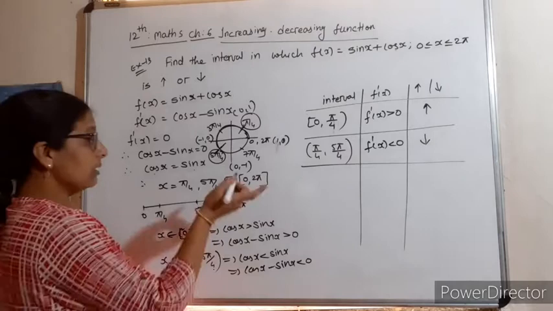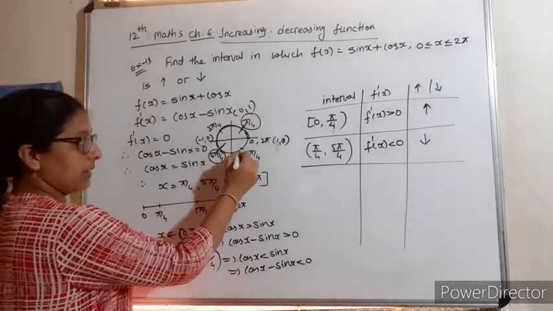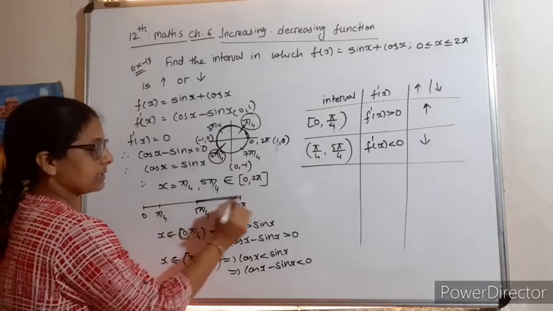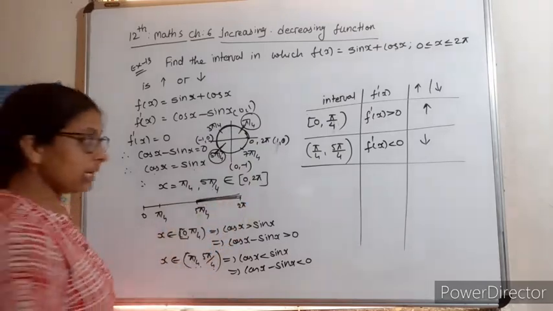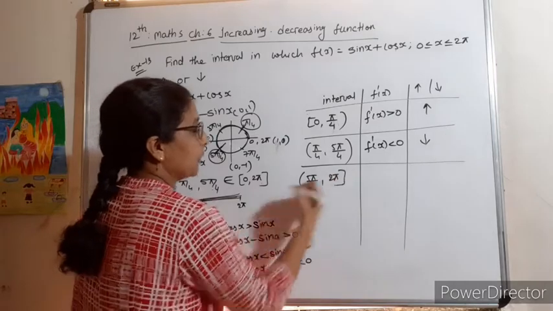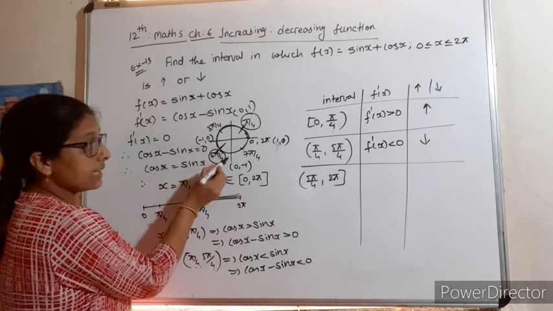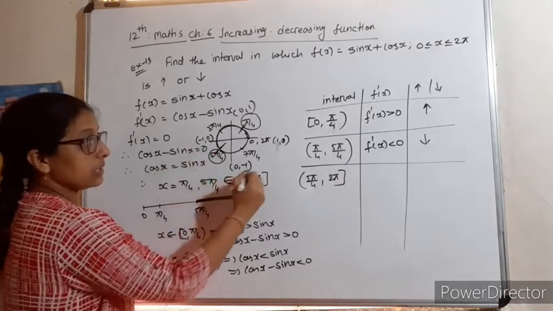Okay, then the last is 5 pi by 4 to 2 pi, this is our last interval, right? In this interval, cos is increasing now. This is minus 1 to 0, 0 to 1.